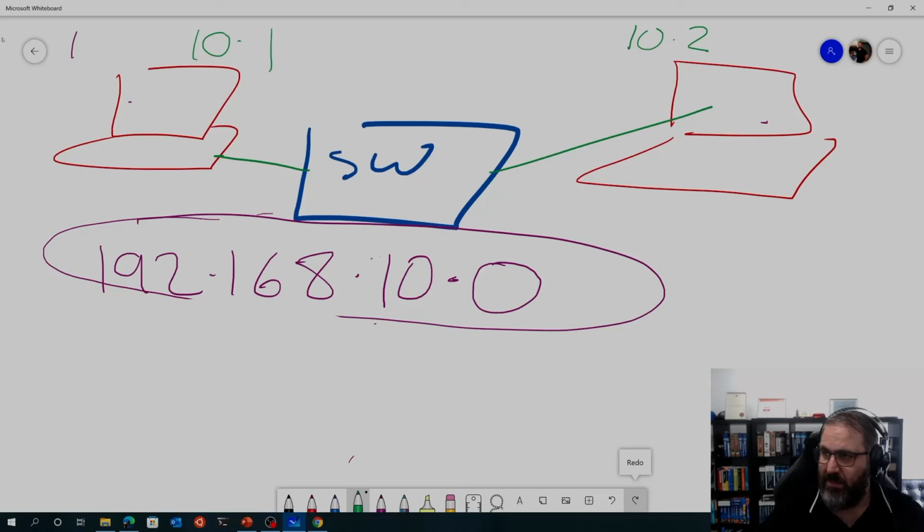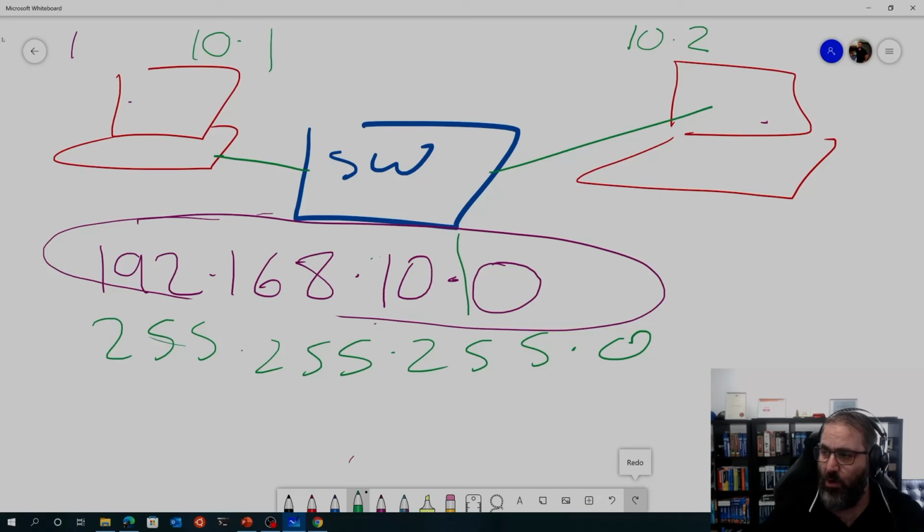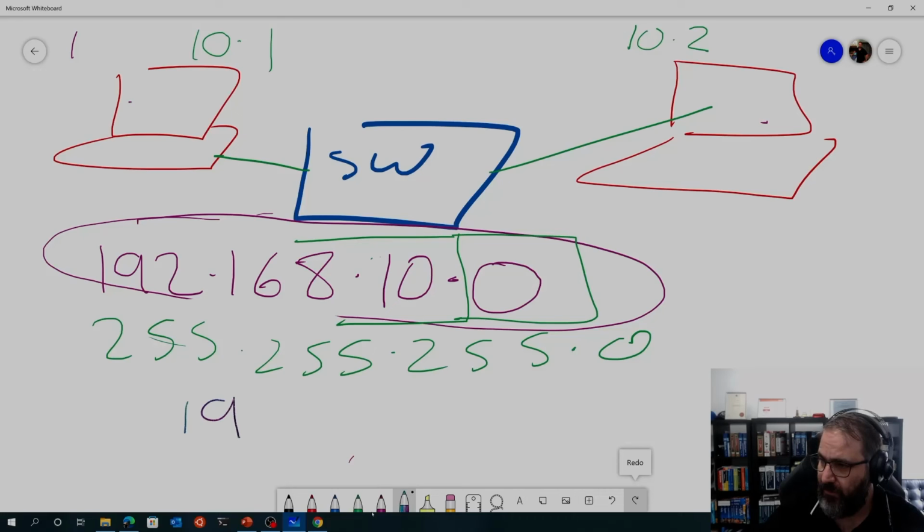Because they're in this network and they've got a subnet mask of 255.255.255.0, that means only this is network and only this portion is host. In this network, I cannot use something like .11.5, for example.